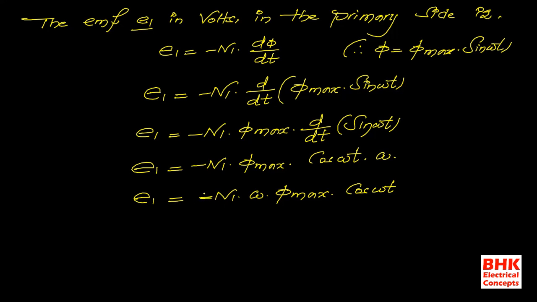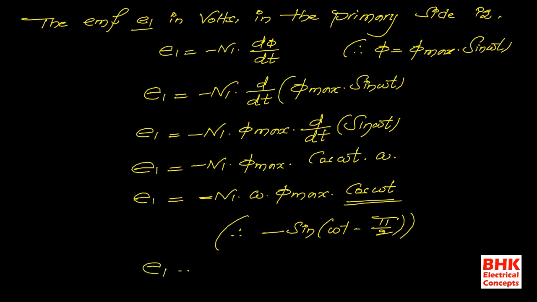In order to avoid this particular negative sign, instead of cos omega t, I am going to write minus sine omega t minus pi divided by 2, because we have a formula.